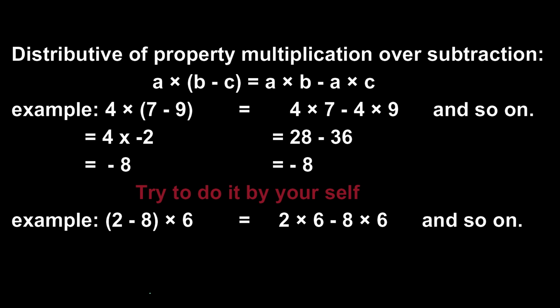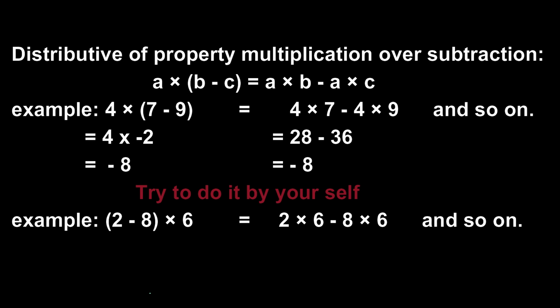And on the right side, if we use the distributive property, that means we multiply the outer number with the numbers in the bracket, that is 4 multiplied by 7 and 4 multiplied by 9, and there is a negative sign between both of them.